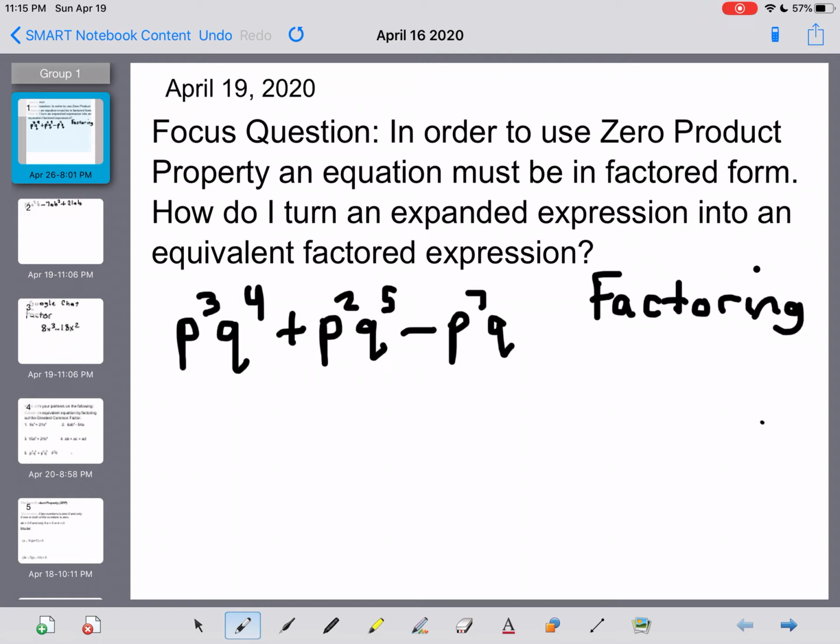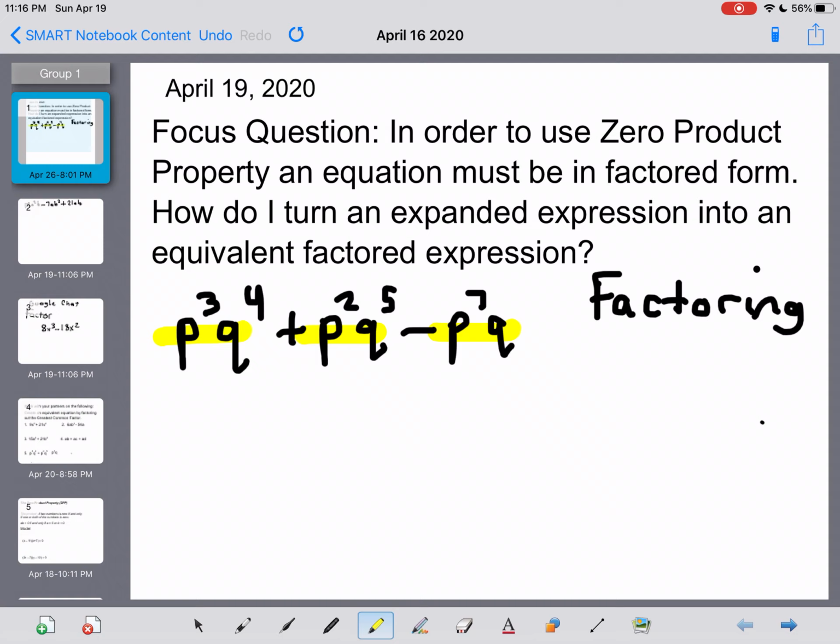Notice this expression has three terms. So what we need to figure out is what is the greatest common factor? This particular problem was on our problem set on Friday, and it was definitely a challenge for many people. So when you look at this, the first move is think about the coefficients.